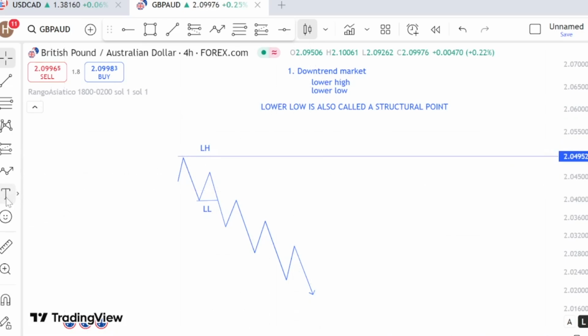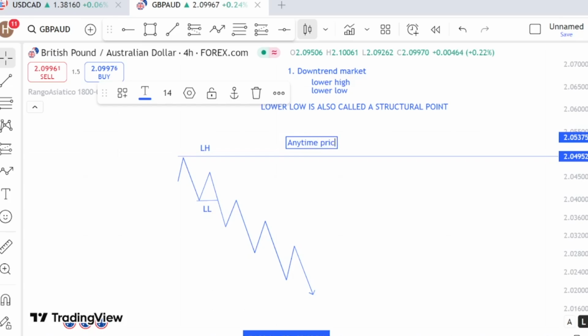Now, let me write on that. Anytime price takes out the lower low or structural point, it is called a break of structure.